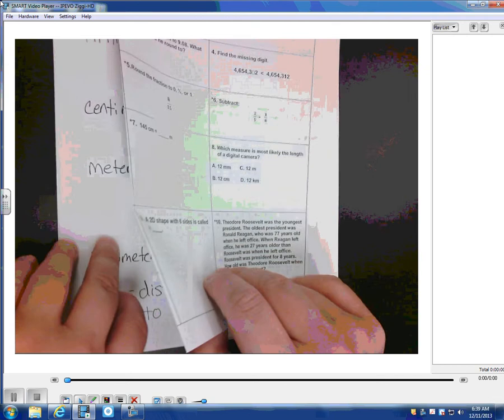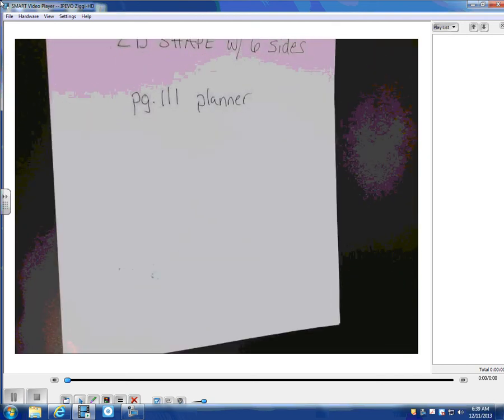Let's look at number 9. Again, number 9, I'm going to direct you to your planner once again. A 2D shape with 6 sides. I want you to go to page 111. 111 in your planner. Okay, good resource here.